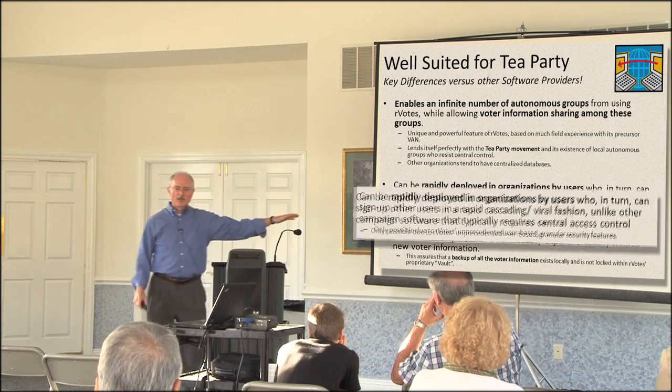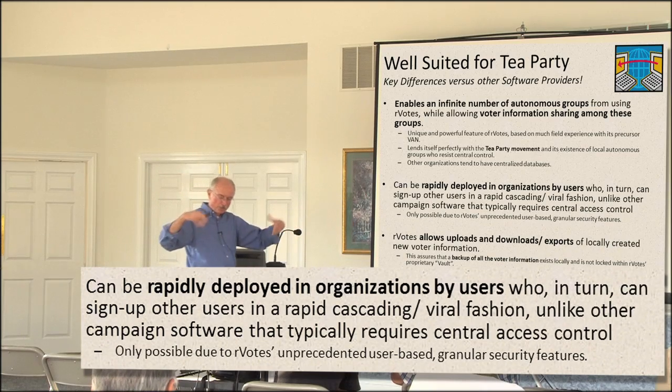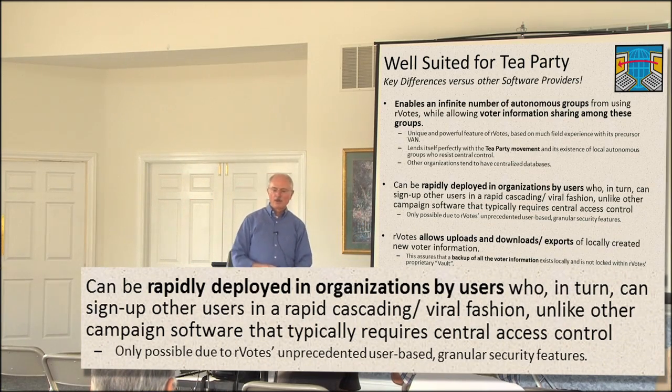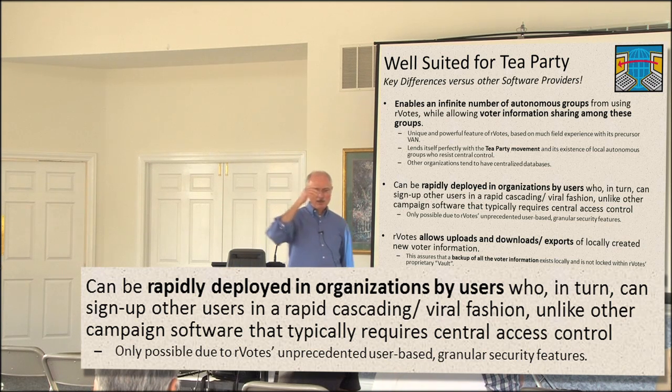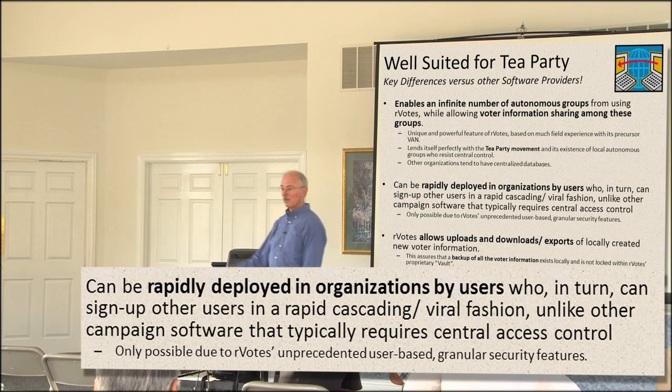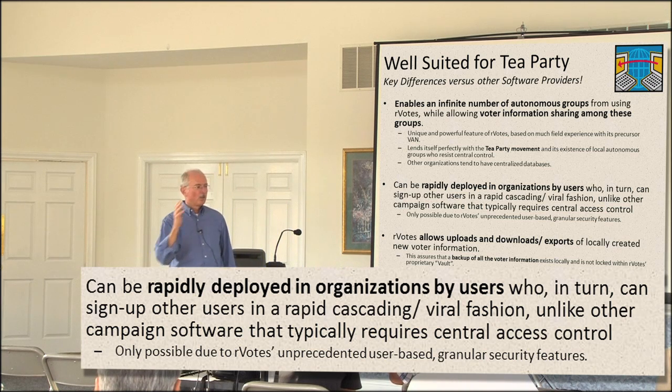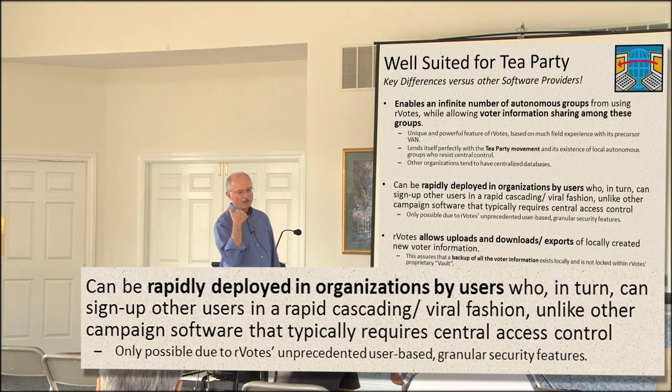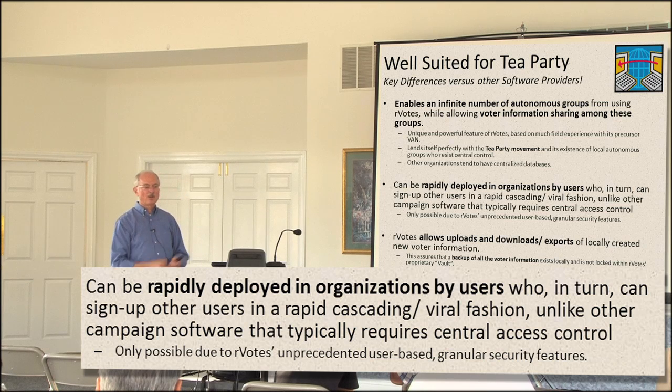The other thing, because of this autonomous group deployment capability, rVotes is also ideally suited for deploying within a given Tea Party very quickly. And Warren and I are spending a lot of time in Ohio right now, where Warren has been vetting people who want access to rVotes, and I give them access. Basically, it's like Fabiola calls me, for example, says, I want access to rVotes.